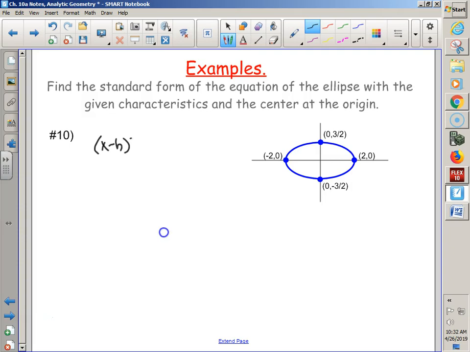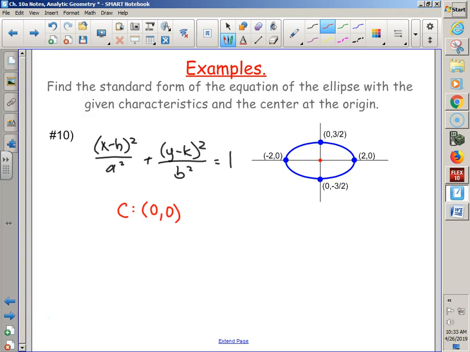So x minus h squared all over a squared equals, no, sorry, plus. Who's my center? 0, 0. Yeah. Because if you think about the midpoint, was it 0, 0 in the middle of all of these?